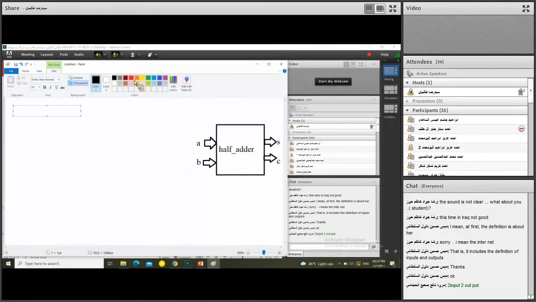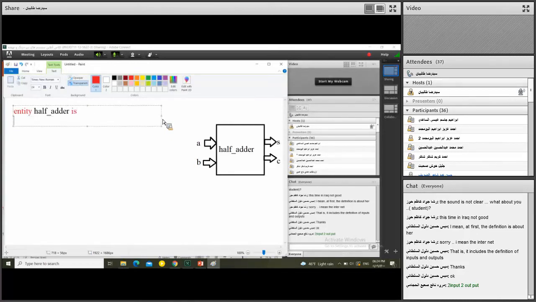We start with a keyword, entity. Entity is a keyword. And now we continue with the name of the entity, for example, half adder. And we continue with another keyword, is. Now we must continue with another keyword, port.